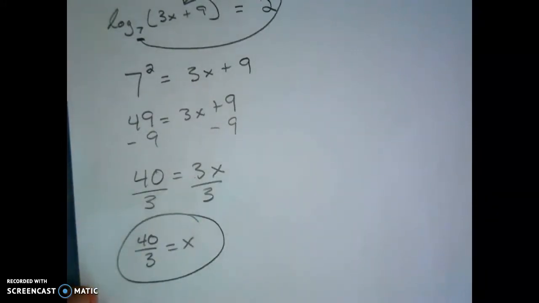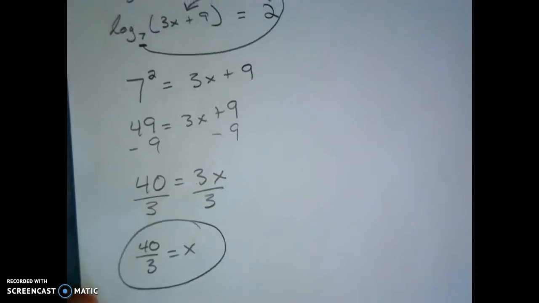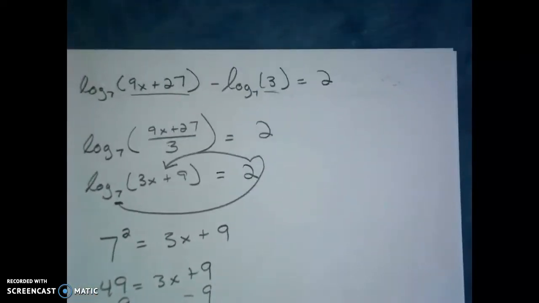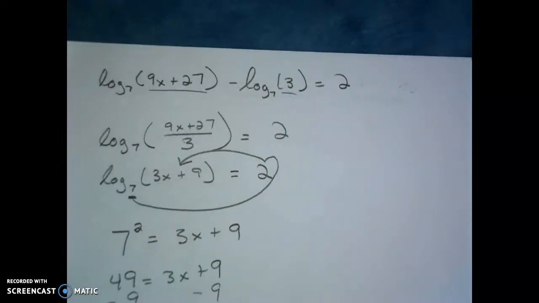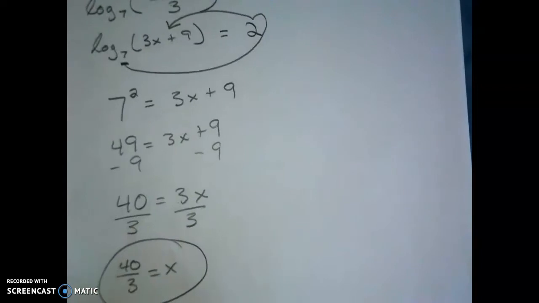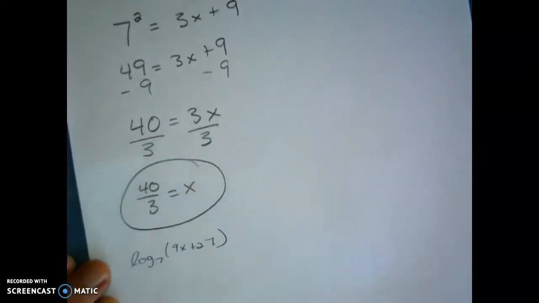Now we need to check that it's not an extraneous solution, so we plug it back into our original. Here has no x's, so we don't plug anything in here. For this one, we have log base 7 of 9x plus 27. Let's check to make sure our answer doesn't make this negative.